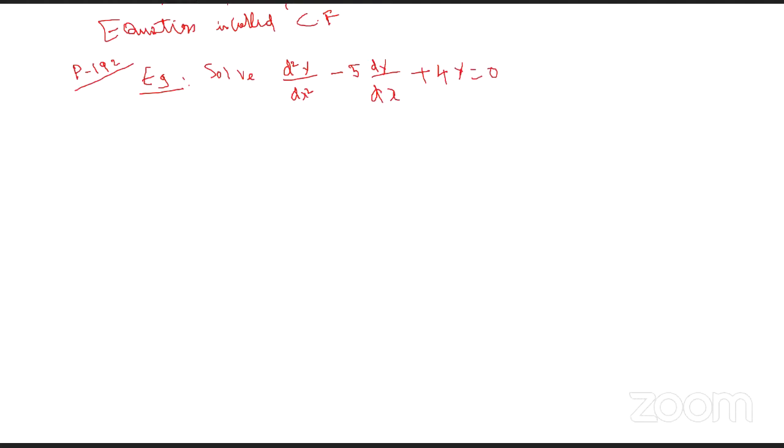So the auxiliary equation of equation 1. Consider the auxiliary equation of 1: r square minus 5r plus 4 equal to 0.